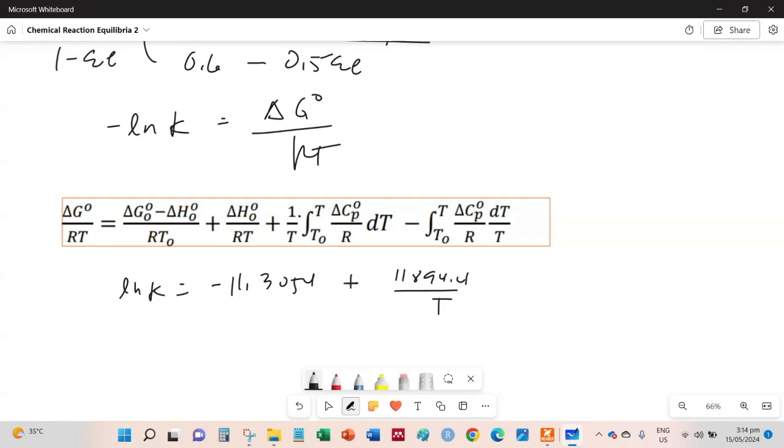Notice that the negative sign is transferred to this side or is gone from the left side. So that's the reason why this would be negative.